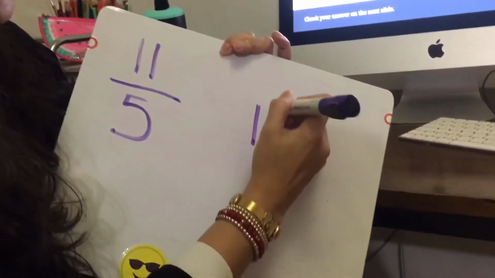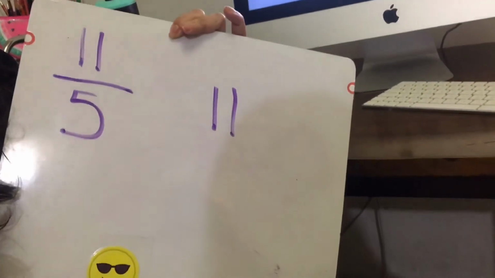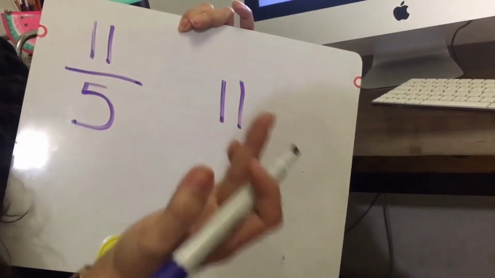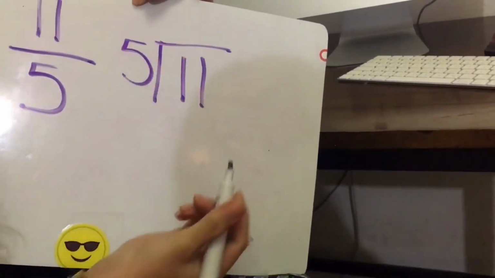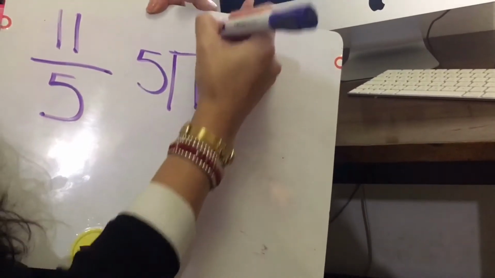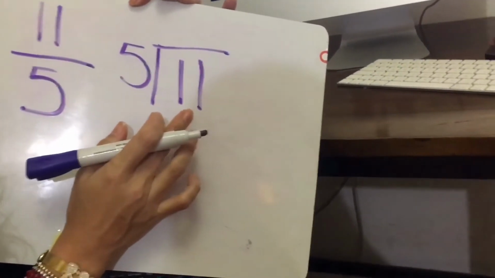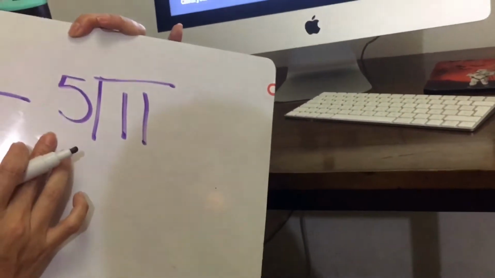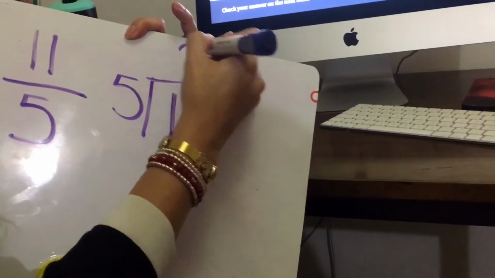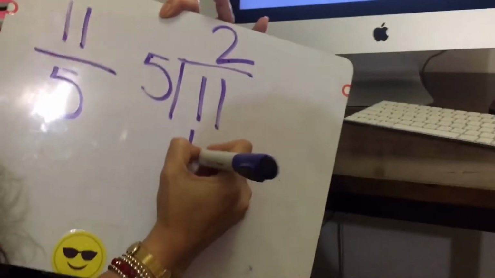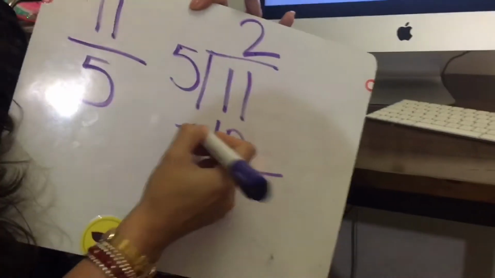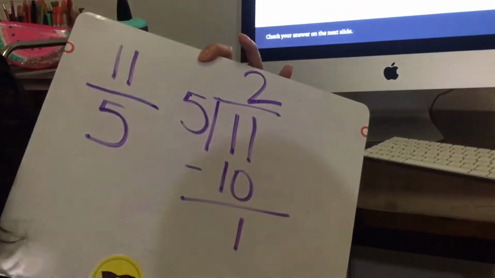You already know that fractions can be read as a division problem, right? They're actually division. 11 divided by 5. If I have 11, how many equal groups of 5 can I make? 2 equal groups, right? 2 groups of 5 is equal to 10. 11 minus 10 is 1.